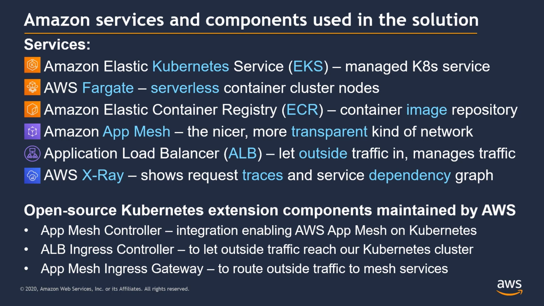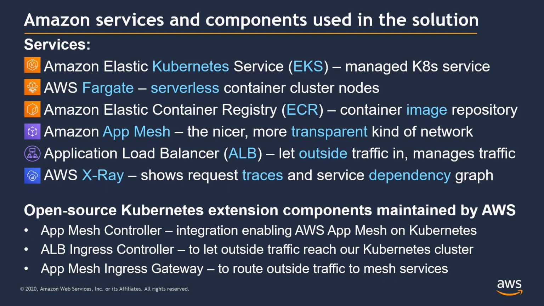We will use Amazon Elastic Kubernetes Service, EKS, to run our ASP.NET Core applications as Linux containers, AWS Fargate to make our Kubernetes clusters serverless, meaning not exposing us to the headaches of cluster node virtual machine management, and Amazon Elastic Container Registry, ECR, which is a container image storage where we'll stage our application container images to make them available for the Kubernetes cluster.